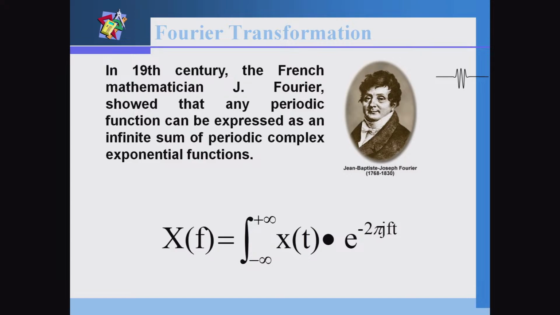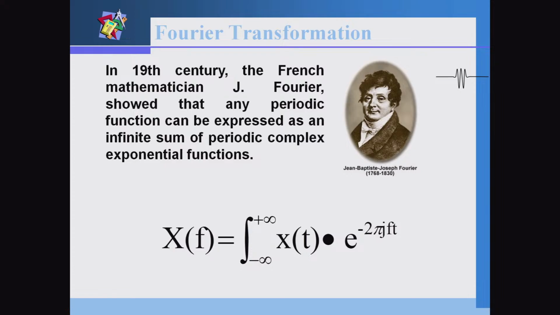The function must have a finite number of maxima and minima. The function must have a finite number of discontinuities. What you have all studied: Taylor is for local analysis, Fourier is for global analysis.